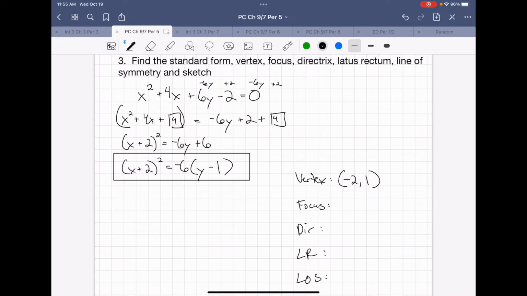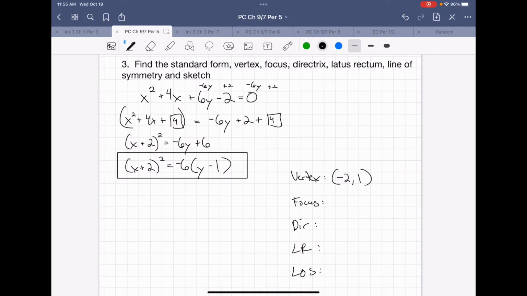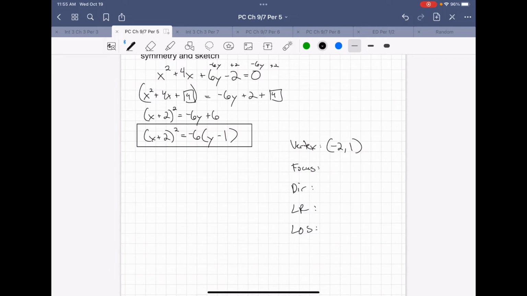We need to set up a sketch to help us find the rest of this. So our vertex is at -2, 1. X is squared. That's up or down. 4p is negative, so that's going to be down. Set up some axes.